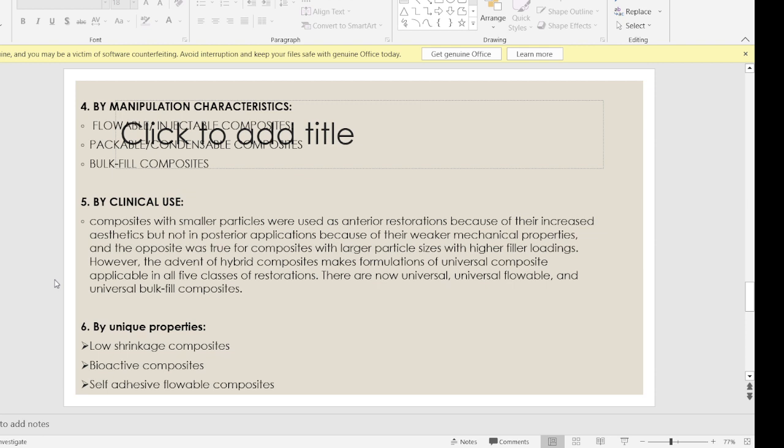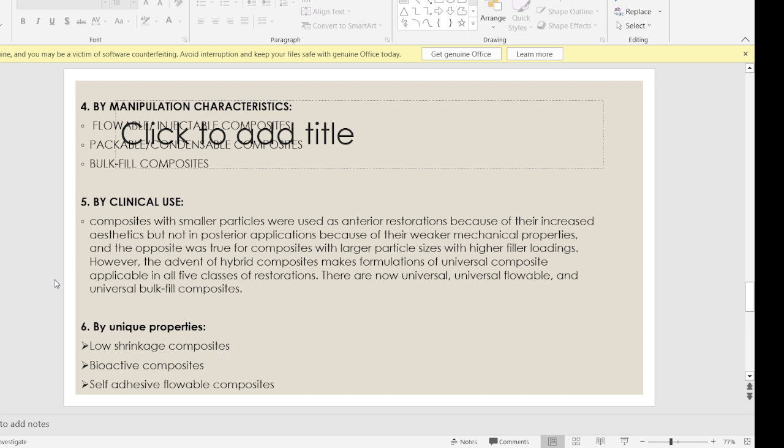Now coming to another point: the biggest disadvantages of the composite are the polymerization shrinkage and the workability. To overcome these disadvantages, recent advancements have come up with unique properties of the composite. The first is the low shrinkage composite, which shows very little polymerization shrinkage.